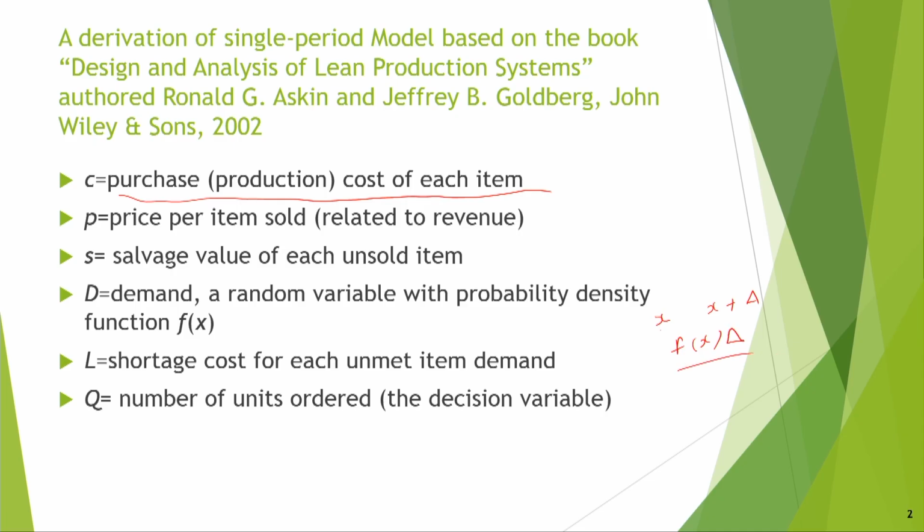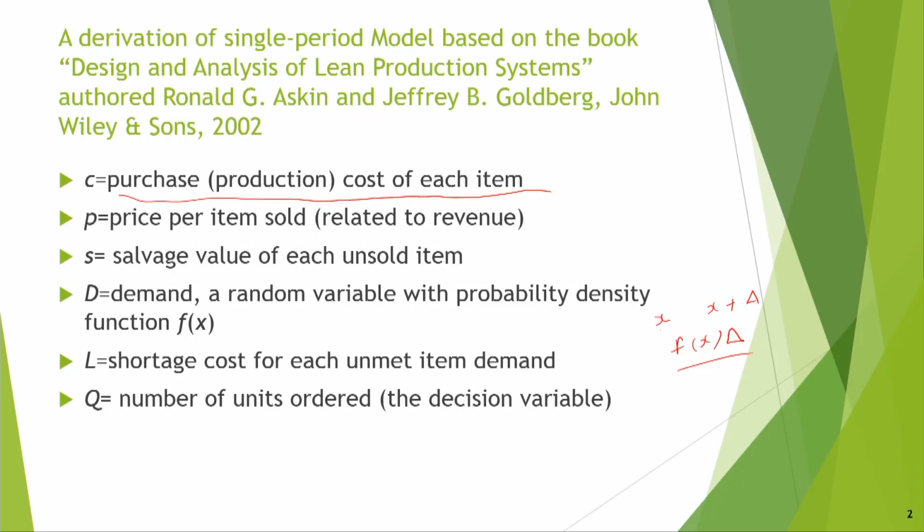L is equal to the shortage cost for each unmet item of demand. Suppose you could not supply to the customer, then he may get dissatisfied, and his dissatisfaction can be converted in terms of money, and that can be considered as a shortage cost.